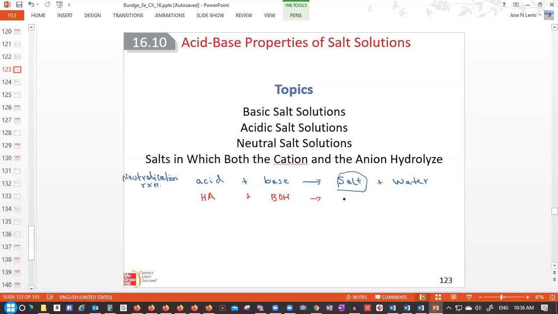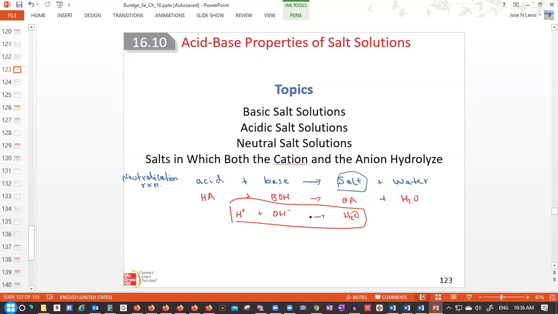It's going to form the salt, BA, plus water, H2O. The net ionic equation will be H plus from the acid, plus OH minus from the base, to form water. And this is what we call the net ionic equation for a neutralization.